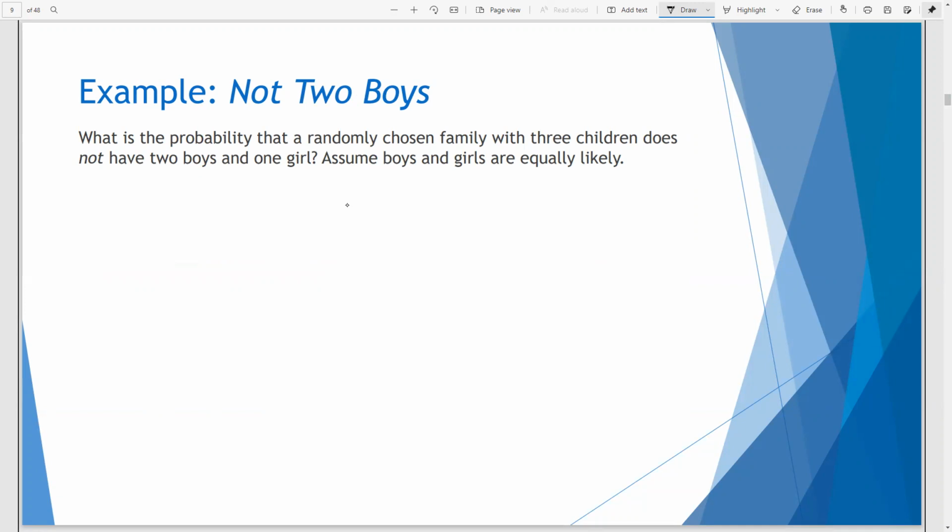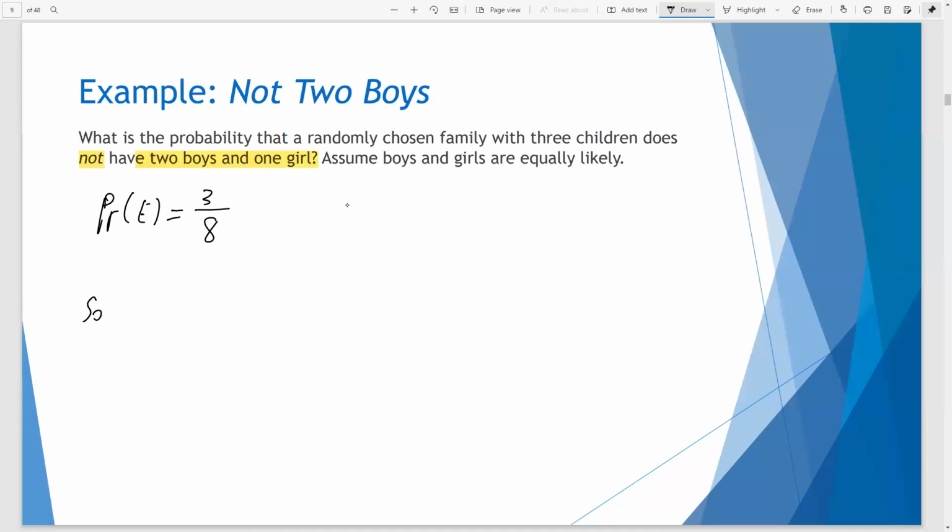We found the probability of 2 boys and 1 girl to be 3/8. So what's the probability that a randomly chosen family with 3 children does not have 2 boys and 1 girl? So we found the probability of 2 boys and 1 girl in the last question, that's 3/8.